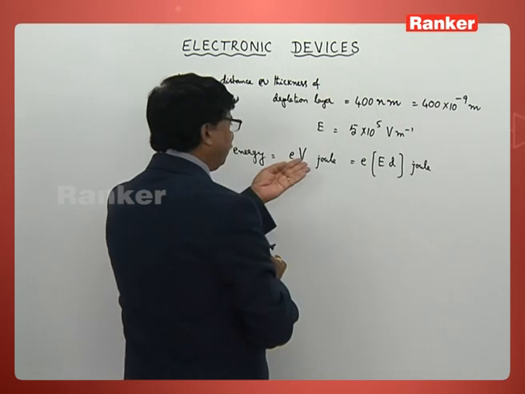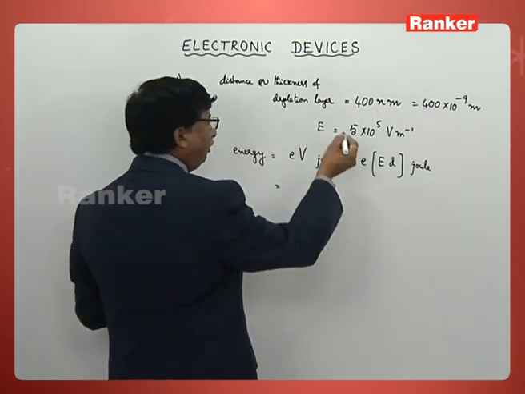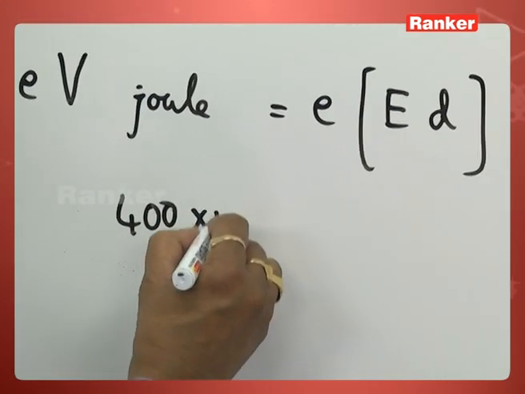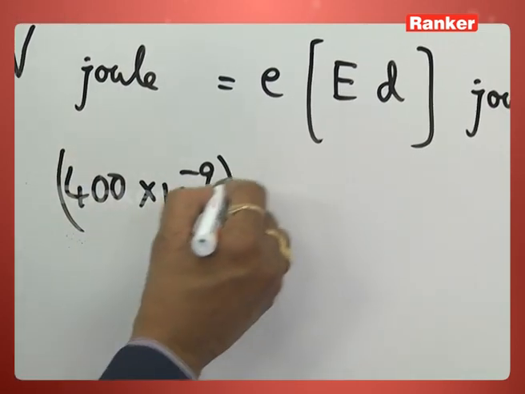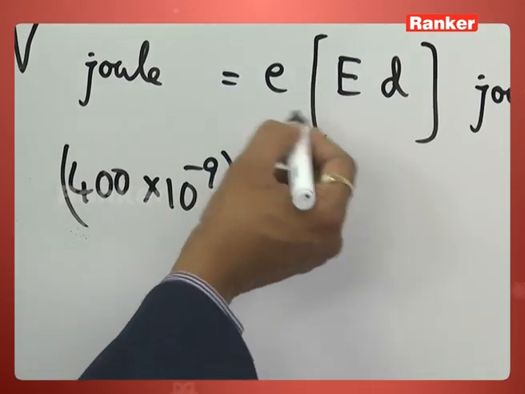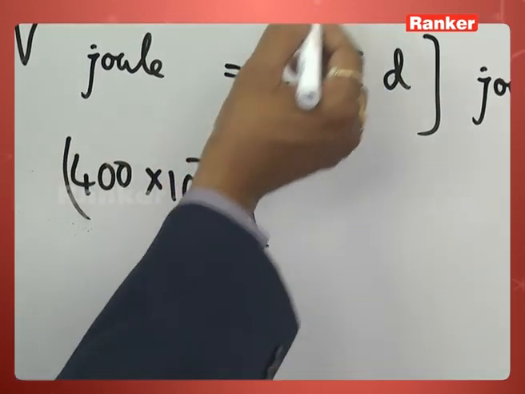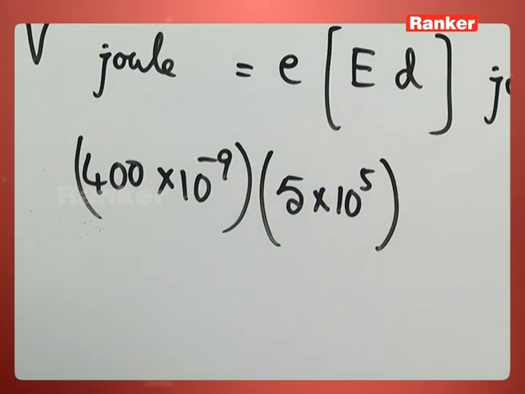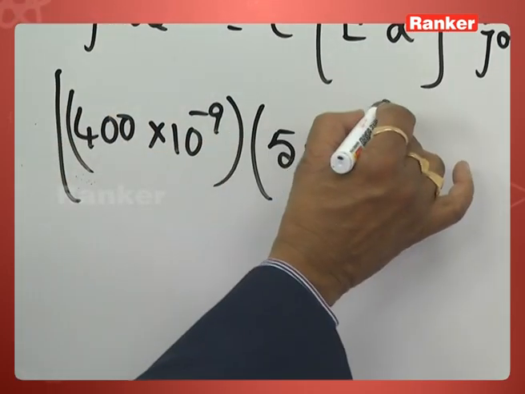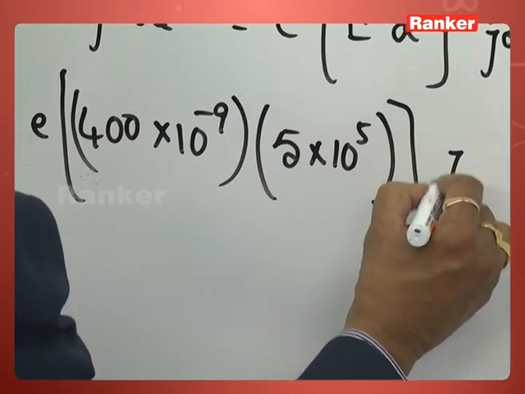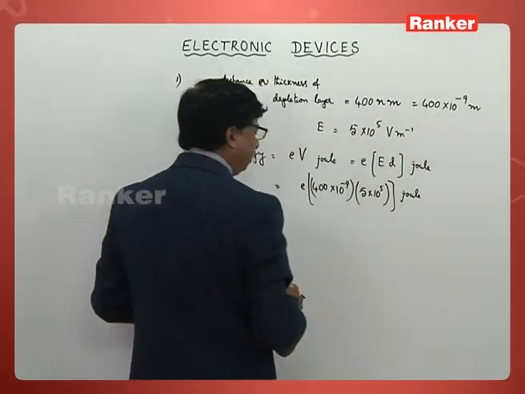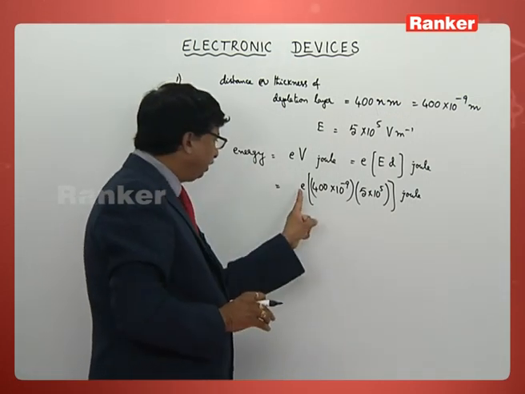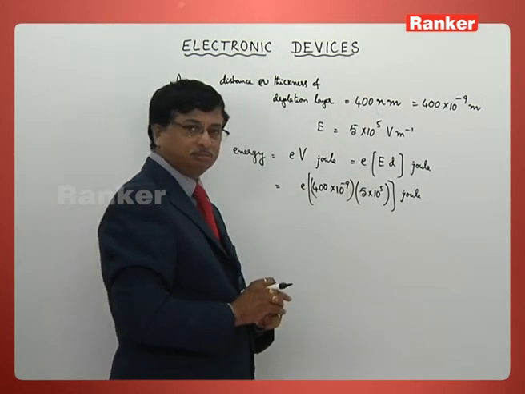You can certainly understand in this particular case what the value of E given is. It is 400 into 10 power minus 9, the thickness that is given, into the value of E that is given, 5 into 10 to the power 5, into electron charge joule we are getting. But all of us know very well, 1 electron volt is electron charge number of joules.